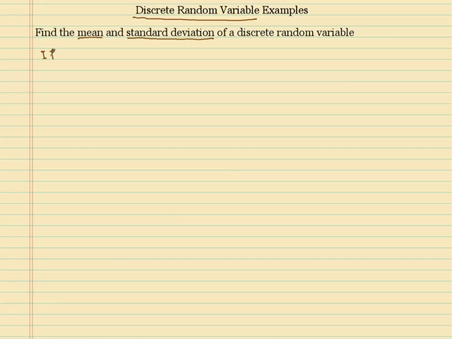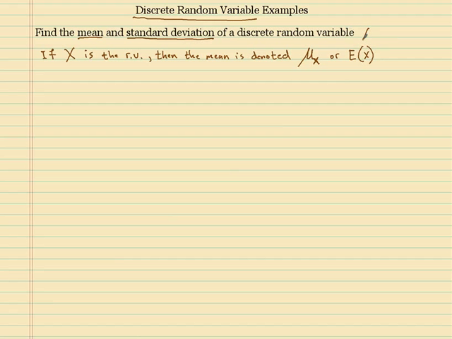So if capital X is the random variable, then the mean is denoted two different ways. You could choose either way. That's this mu of capital X, or it could be denoted like this.